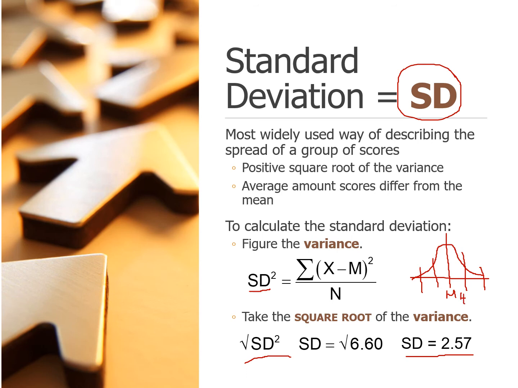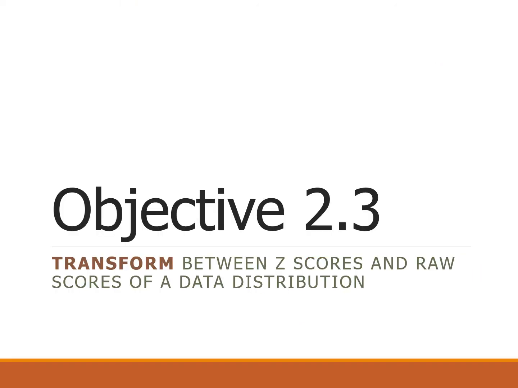I can't write on the screen. Let me erase those because that's embarrassing. Okay, so that's it. This is 1 away. Let me get my pen back. 1, 2 above the mean, and 1, 2 below the mean. And these are the standard deviations. And so that's what we're talking about when we're talking about standard deviations away from the mean. That's why I keep using the graphic with the bell curve.